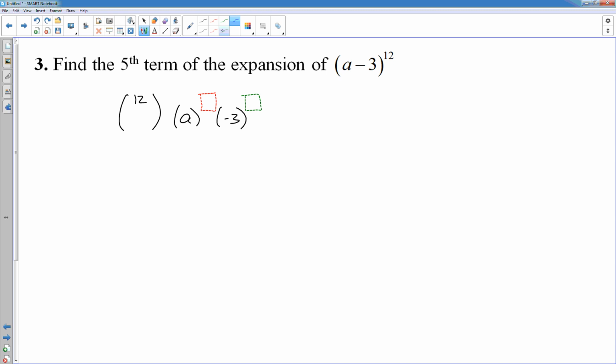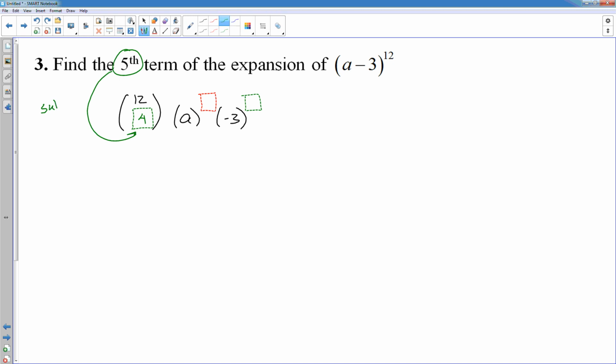Now, I told you that the number on the bottom of the combination and the exponent on the second term is always the same. And I also said that that number is 1 less than the term number. So if I want the fifth term, 5 minus 1 is 4. So since I want the fifth term, you subtract 1, and you know that that bottom number is going to be 4.